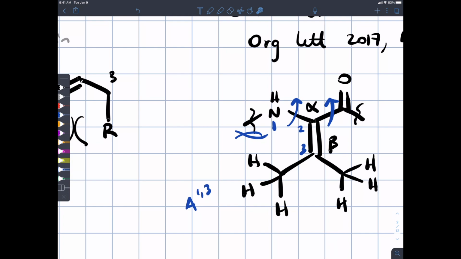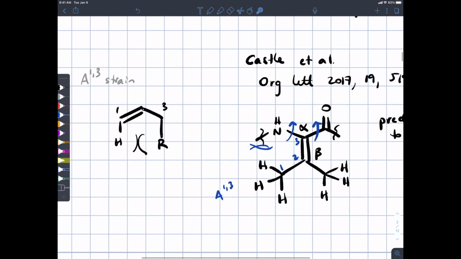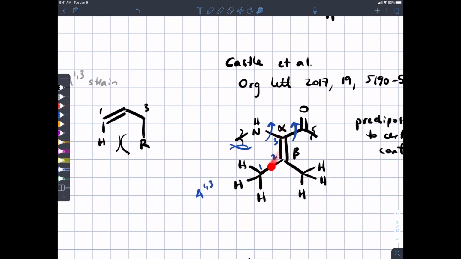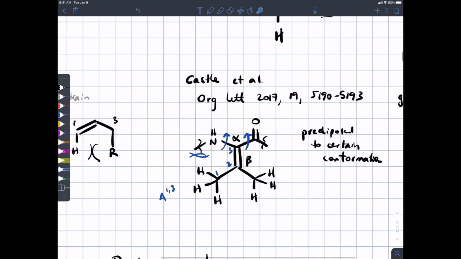I'm not even sure I'm getting this right, but you could think of it here, 1, 2, 3, this hydrogen bumping into that substituent. Either way, it's A1,3 strain. There's no convention for which should be 1 and which should be 3. So if you're interested, go and look at that.